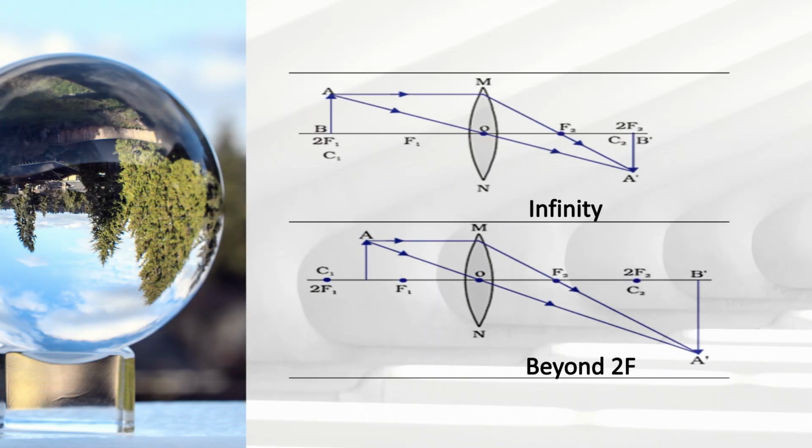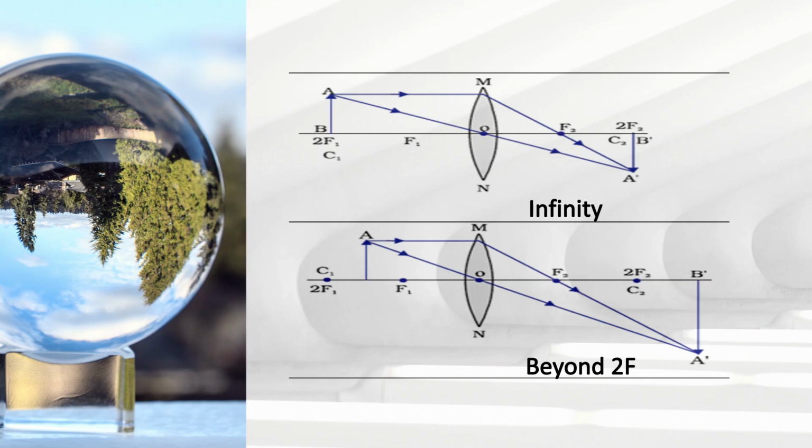For example, if an object is at infinity, all rays of light coming from it are parallel to the principal axis. From there they will pass through the focus on the other side. So, the image will be formed at the focus in the form of a point.